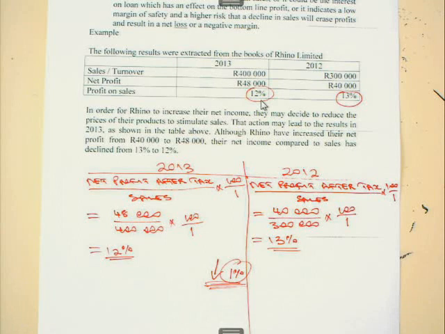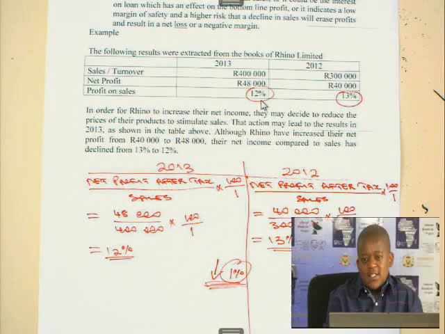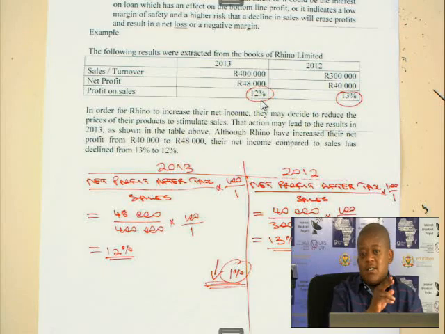When you compare what you are earning as the business, your sales might increase, the net profit might increase, but what you are earning as a business on every rand of sale will drop, because you reduced prices so that you stimulate sales.